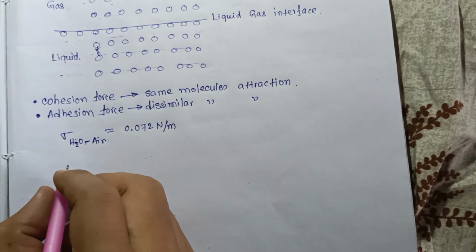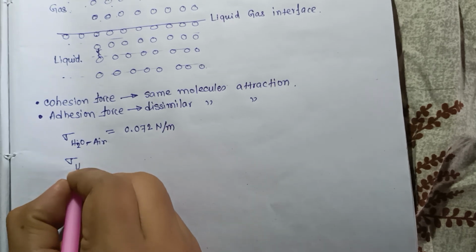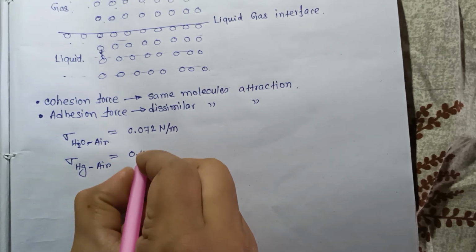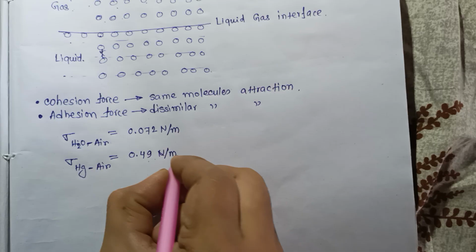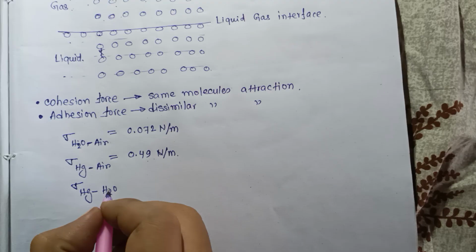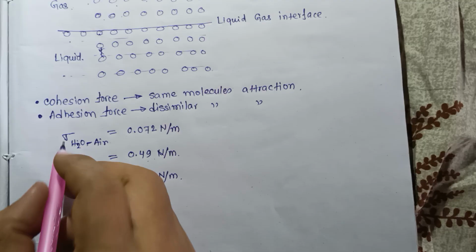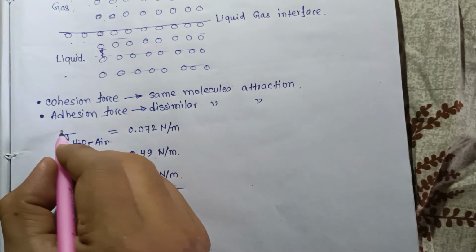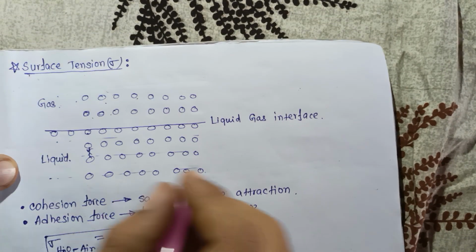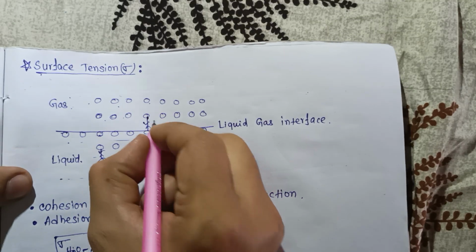For the Ag-air interface, sigma is 0.49 Newton per meter, and sigma for the Ag-H2O interface is equal to 0.42 Newton per meter. So these data are important. This attraction is known as adhesive force.